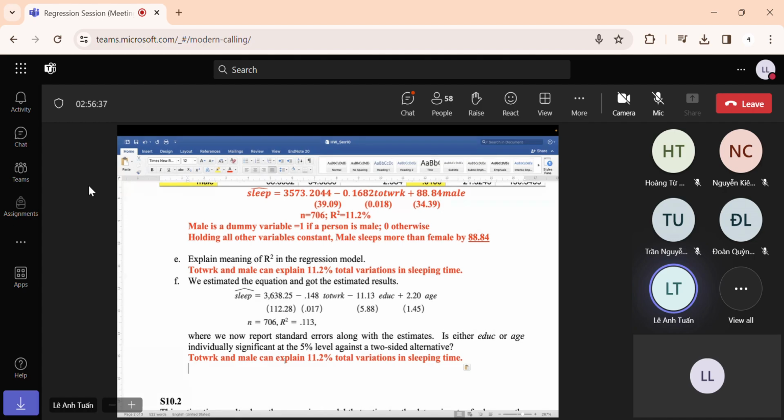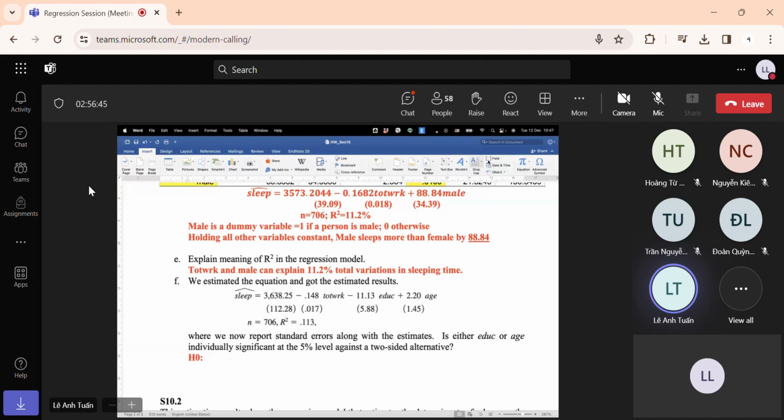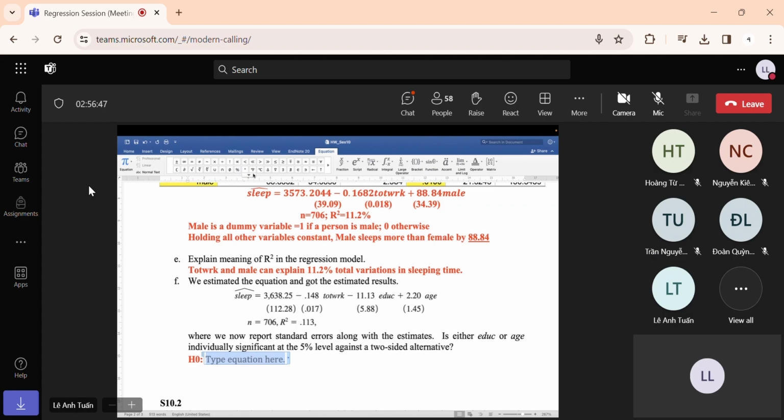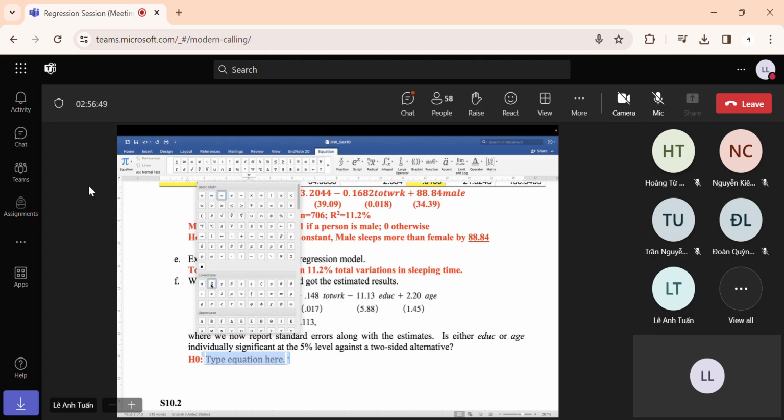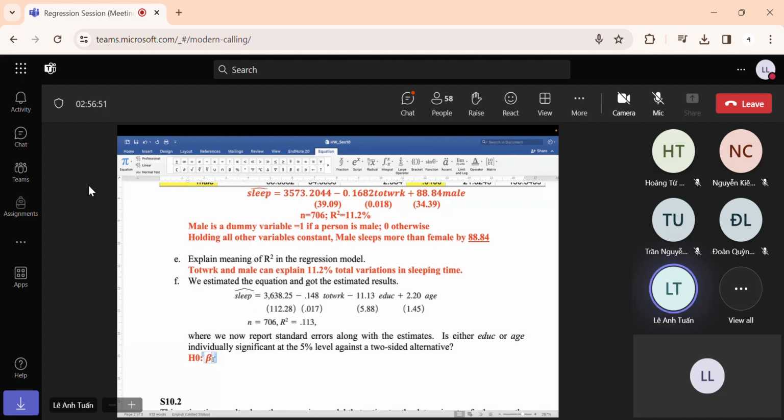So we would like to test whether the coefficient on education equals 0 (H0), or the H1, that it is different from 0.